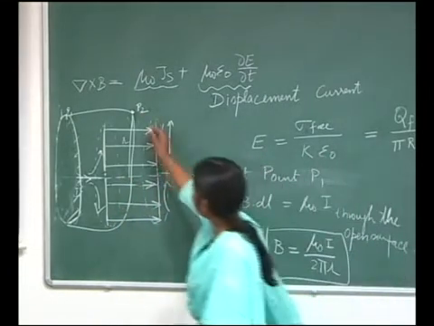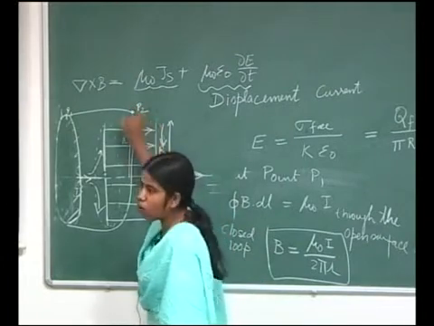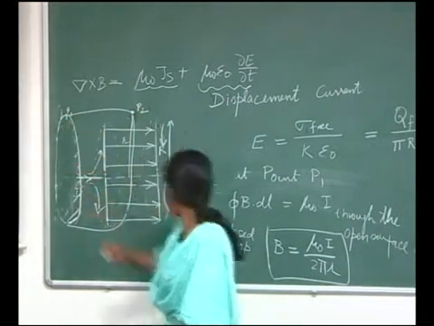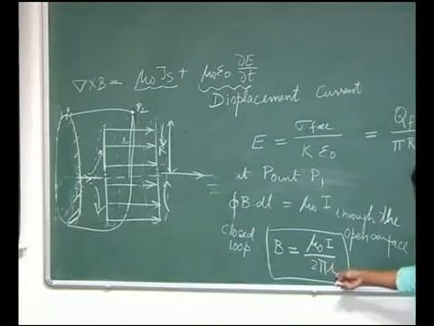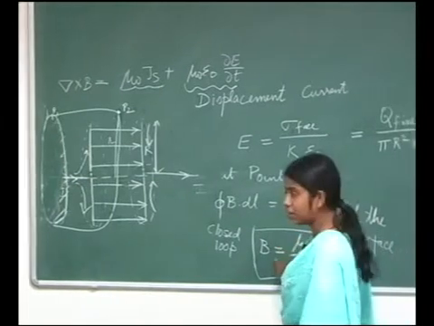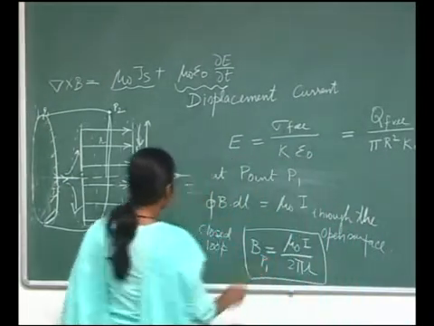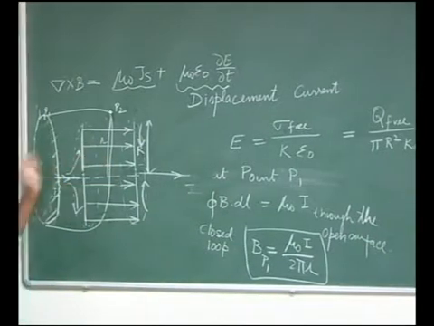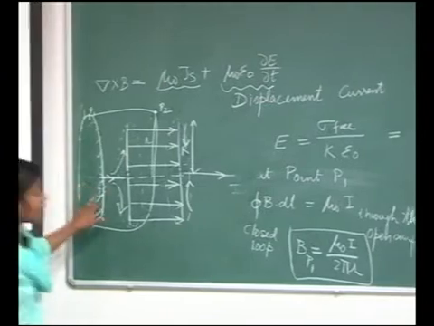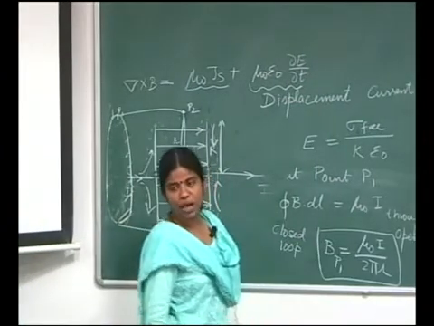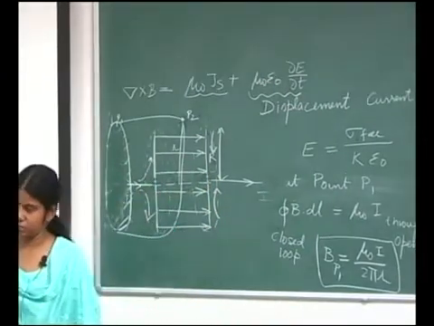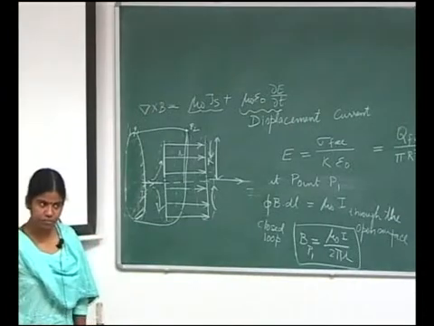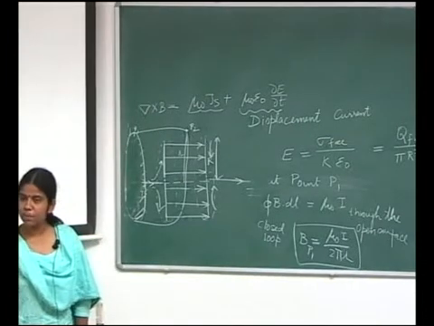Whether I calculate the field at point P2 or at point P1, if I get the field as mu 0 I upon 2 pi r at point P1, then because P2 is at the same distance, no matter whether it is inside the capacitor or outside the capacitor, the value of the field should be mu 0 I upon 2 pi r. Is it clear? So, this was Maxwell's conclusion.